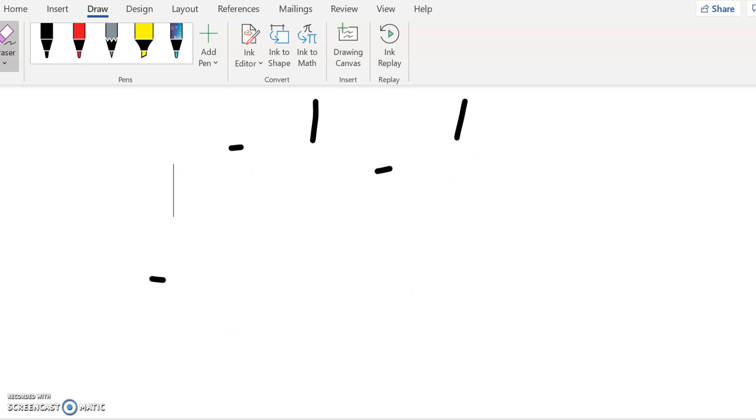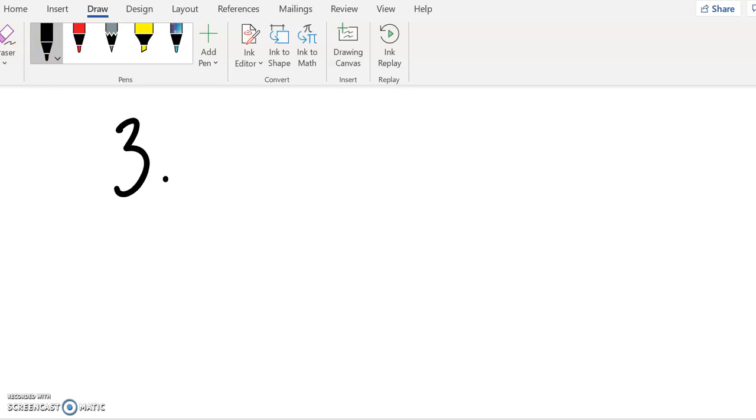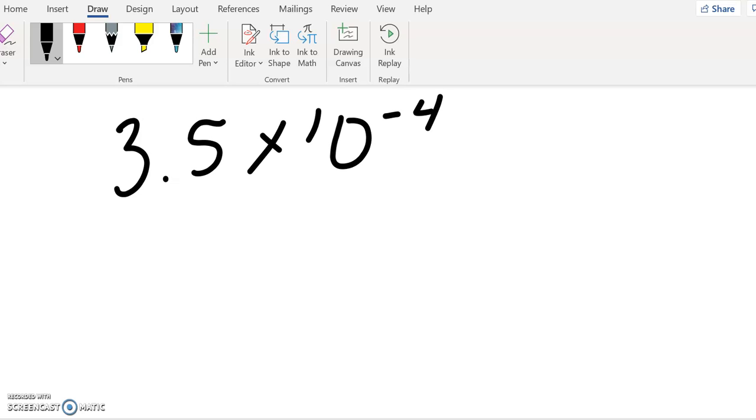Oh my goodness, this erasing is killing me. So let's just start with if I have 3.5 times 10 to the -4th. Now, as we just mentioned, 10 to a negative power is a small number. And the power of 10, right, each decimal place is a power of 10.